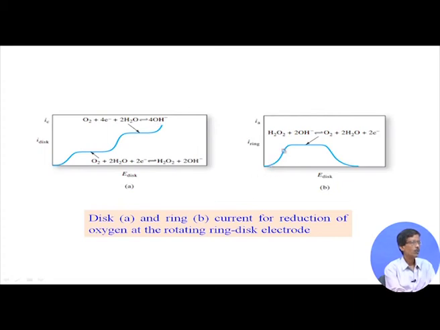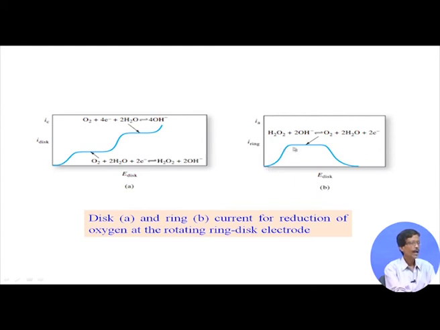So, here also there is the reverse reaction that we get, that is H2O2 plus 2OH minus on the right hand side, which is forming, because hydrogen peroxide has been formed by the disc. So, it will be reaching the ring. So, the ring current is due to the corresponding reaction of hydrogen peroxide, that means the oxidation of the hydrogen peroxide.